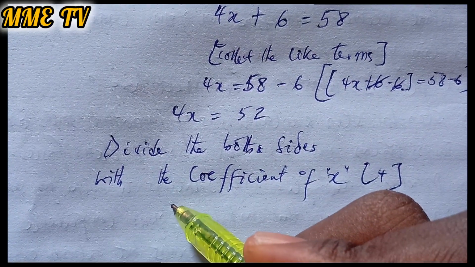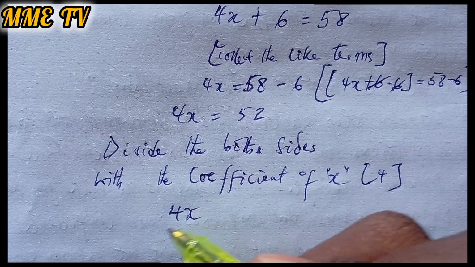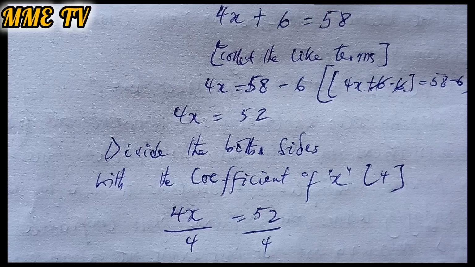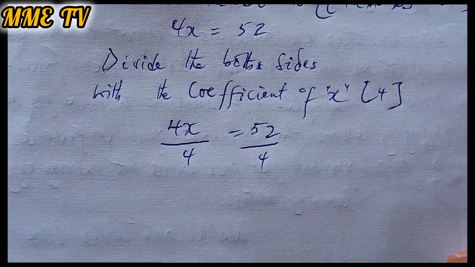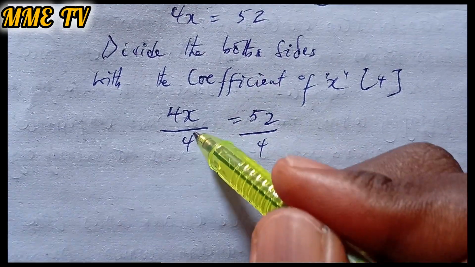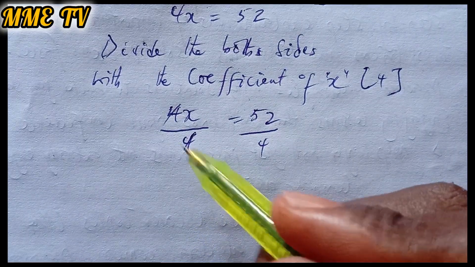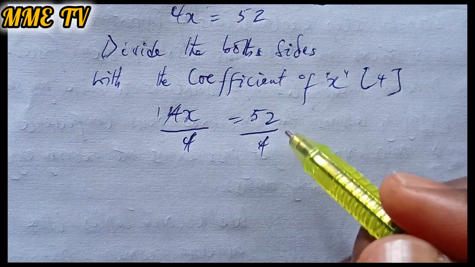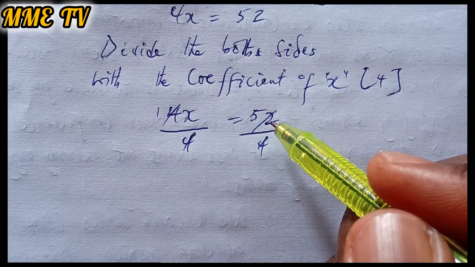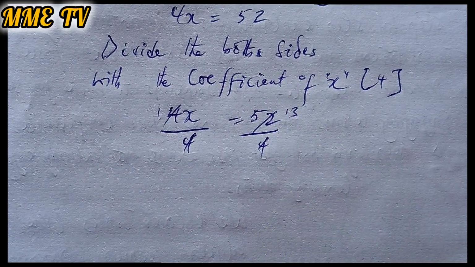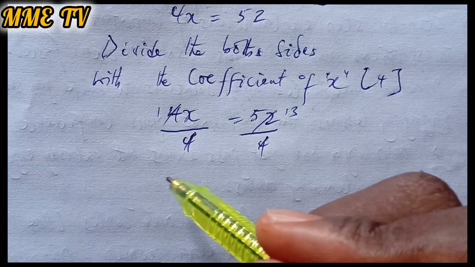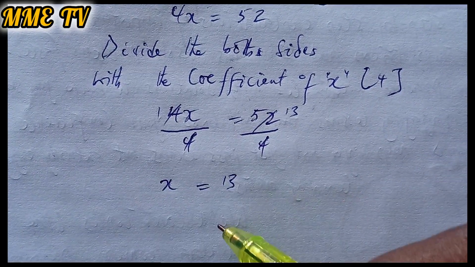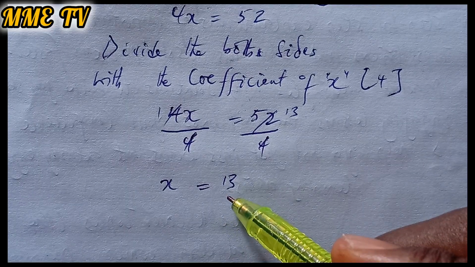So I will say 4x divided by 4 is equal to 52 divided by the same 4. Which means that 4 will cancel 4, then I'll be having 1x. Then 4 into 52, I'll be having 13. Then 1 times x is still equal to x. So the whole number which I'm looking for is 13.